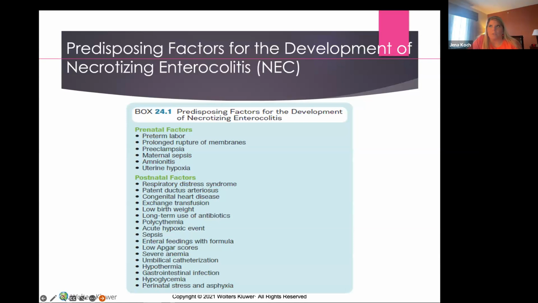Some hospitals do breast milk donation for postpartum babies, but all the NICUs in town use donor milk if breast milk is not available from the mother for the NICU babies. So that actually will help decrease the risk for developing NEC. But these are your risk factors for prenatal and postnatal.